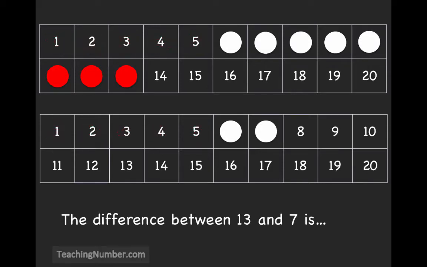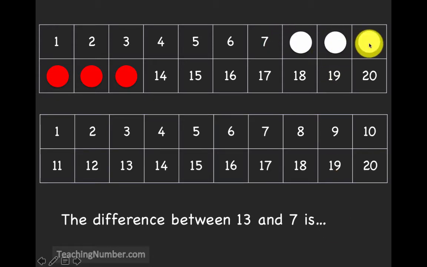If we take out the parts that are the same, we can break what is left down into two pieces. The first piece is the part that is needed to get from 7 to 10, and the second piece is the part that is needed to get from 10 to 13. When we put these together, the difference is 6.